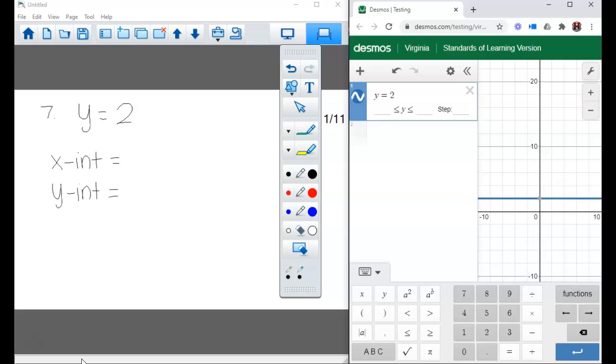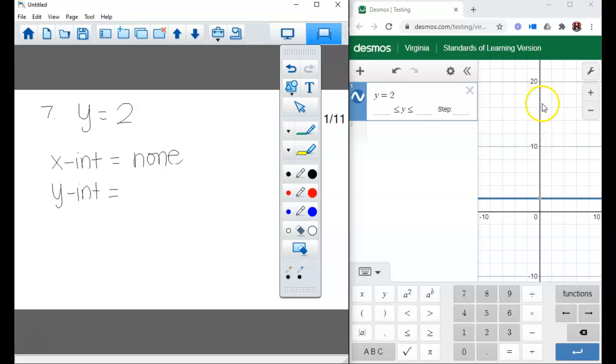As far as an x-intercept is concerned, right here is the x-axis, and you'll notice that that line isn't touching it. So when they ask me about the x-intercept, I'm going to say there is none, because that line does not cross the x-axis.